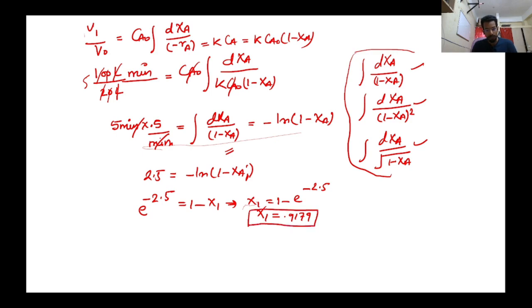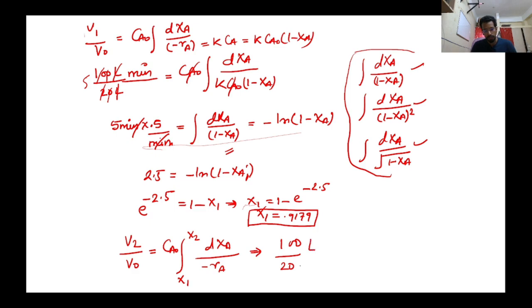Now applying the same performance equation again on the second reactor. V2 upon V naught is equal to CA naught, now this time not from 0, but from X1 to X2, dXA upon minus RA. Right? What we will get? V2 is 100 liter again. V naught is 20 liter.